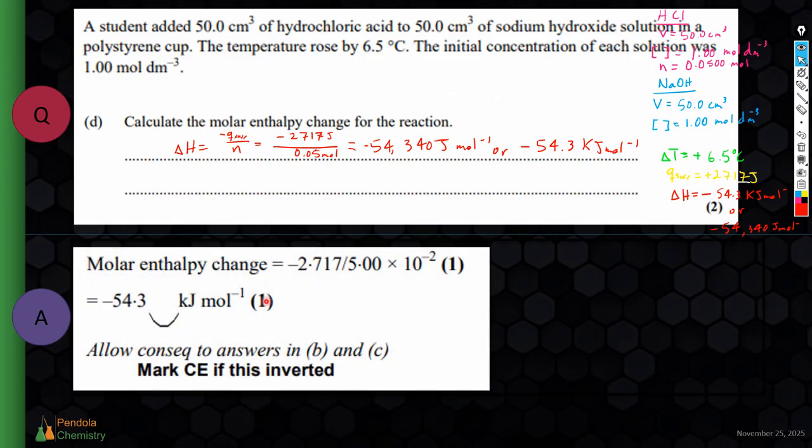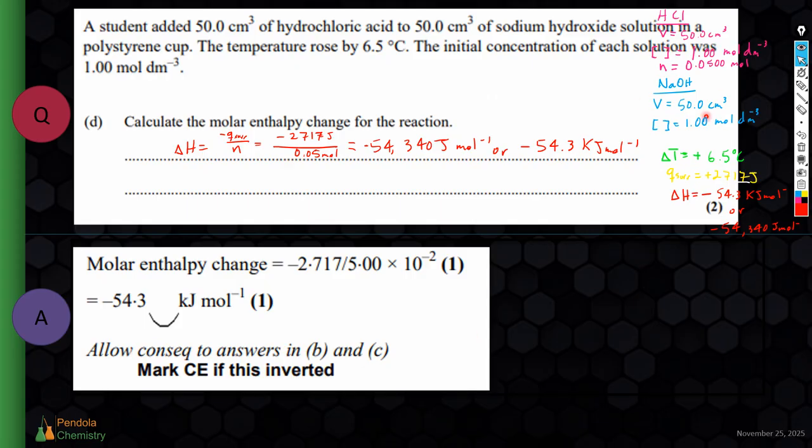So if we look at the mark scheme here, the molar enthalpy change being negative 2717 divided by 5 times 10 to the negative 2, which is 0.05, is the first point, so the work is the first point, and then your final answer with the appropriate units is the second part of your point. So allow consequential answer in B and C, meaning that you do get error carried forward.